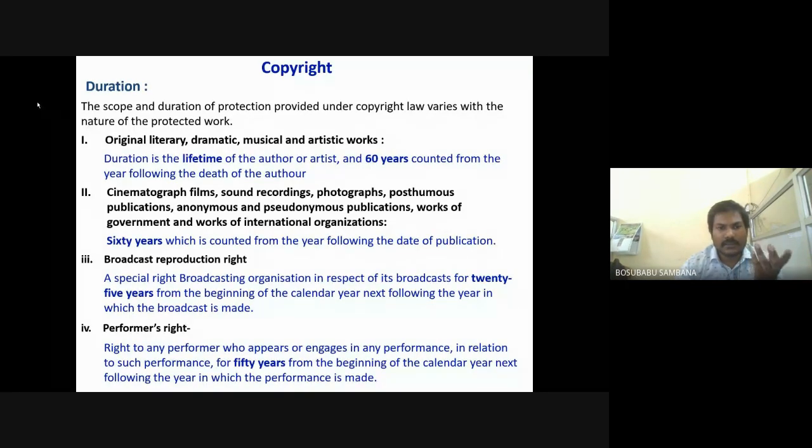So we consider the duration: original literary work, dramatic work, music, artistic works, cinematographic films, sound recordings, music, photographs, and publication. In publication, we are all faculty and students, and we are planning to publish our papers through a publication channel. A publication house or organized publication company has publication rights, but the author has copyright.